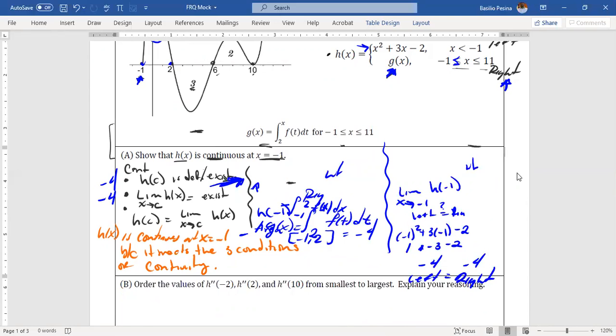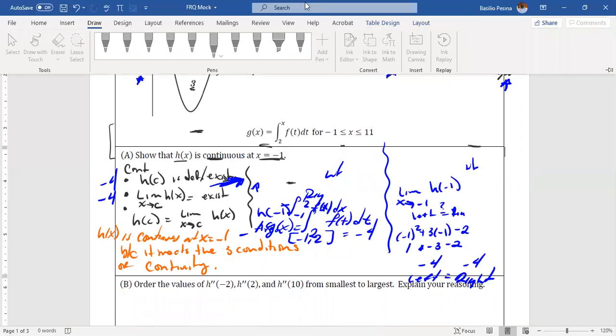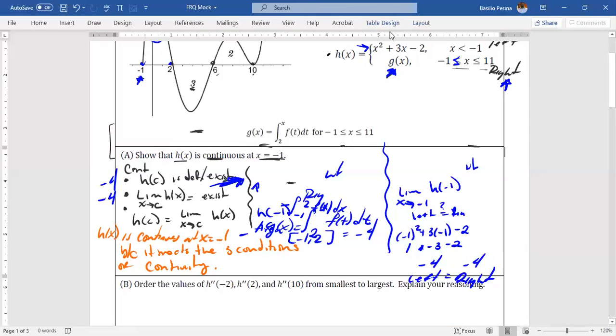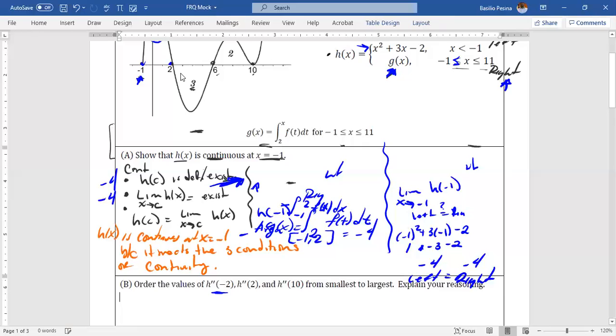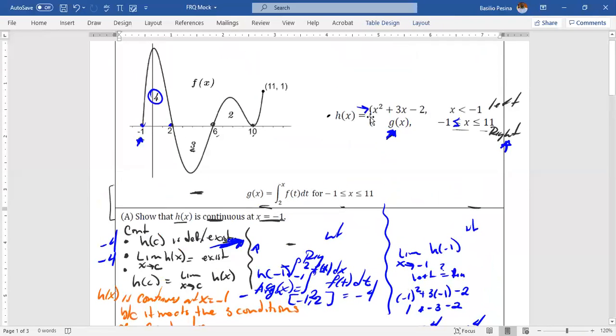So it's saying that we need to find the order from least to greatest of H prime, H double prime, H double prime of 2, and H double prime of 10. So, do we have just H itself? It's this one right here.